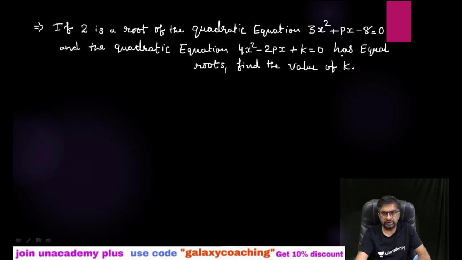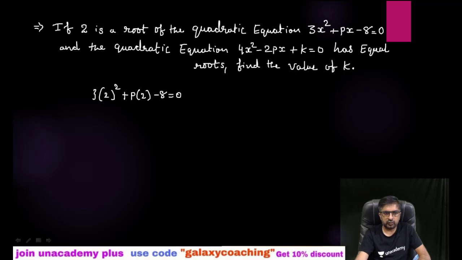But here they told that it has equal roots, so you need to use discriminant. So let us start. Let me solve this and show you. 2 is the root of this equation, so 3 into 2 square plus p into 2 minus 8 equals to 0.